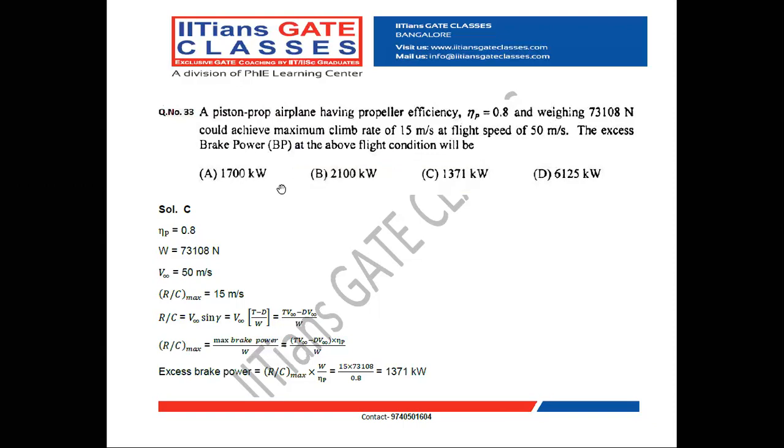Okay, we already know that rate of climb can be written as V infinity into sine gamma. So that is V infinity into thrust minus drag divided by weight. Thrust minus drag into velocity can be written as maximum excess power divided by weight.